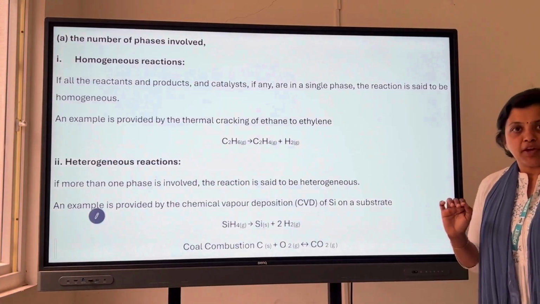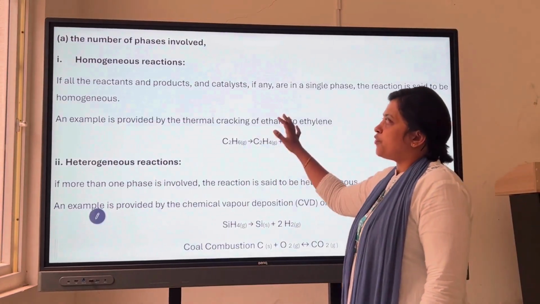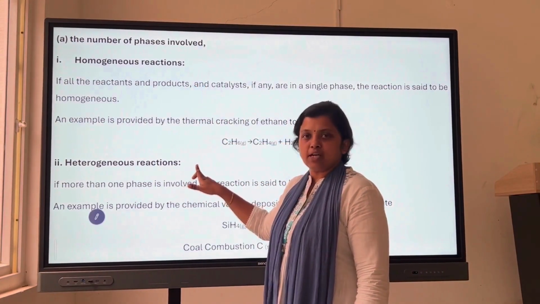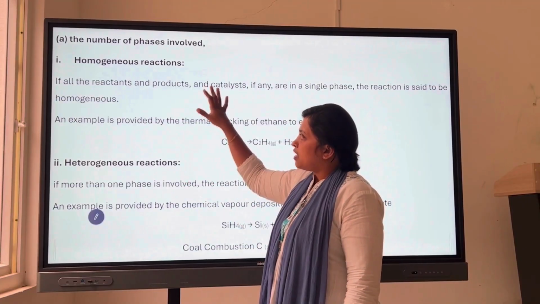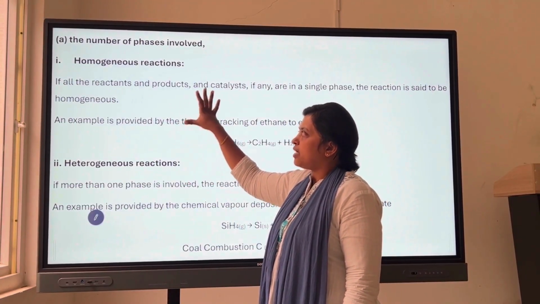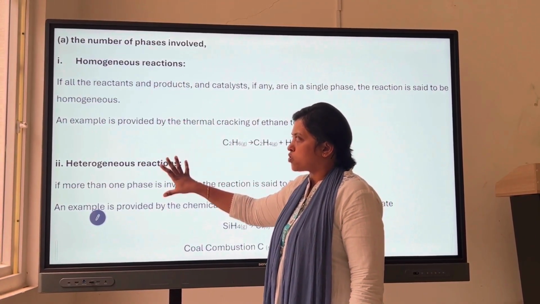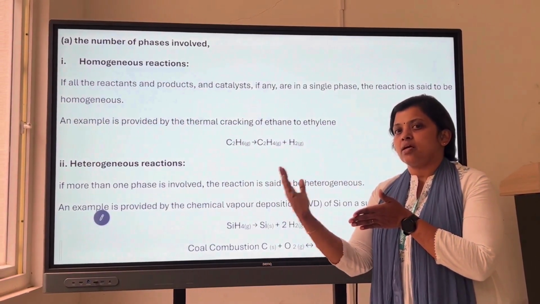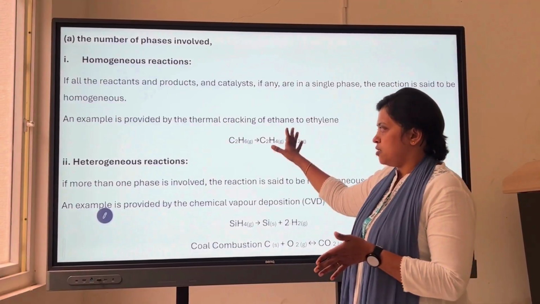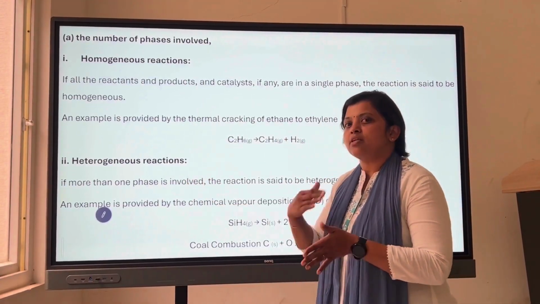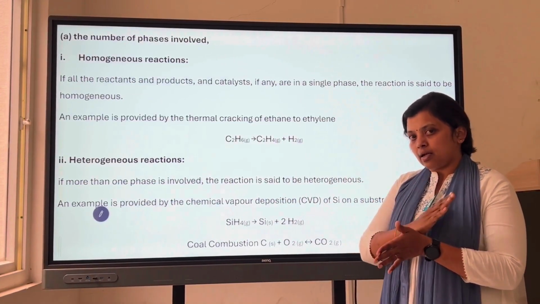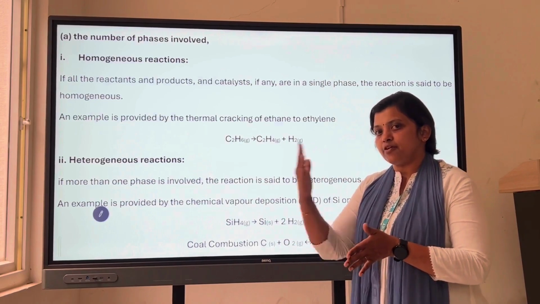Based upon the phases involved, we can classify the reactions as, first, homogeneous reactions, and second, heterogeneous reactions. The name itself clearly explains what is homogeneous and what is heterogeneous. In a homogeneous reaction, the same kind of phase occurs, and in a heterogeneous reaction, different phases occur, meaning the raw material and product are in different phases.